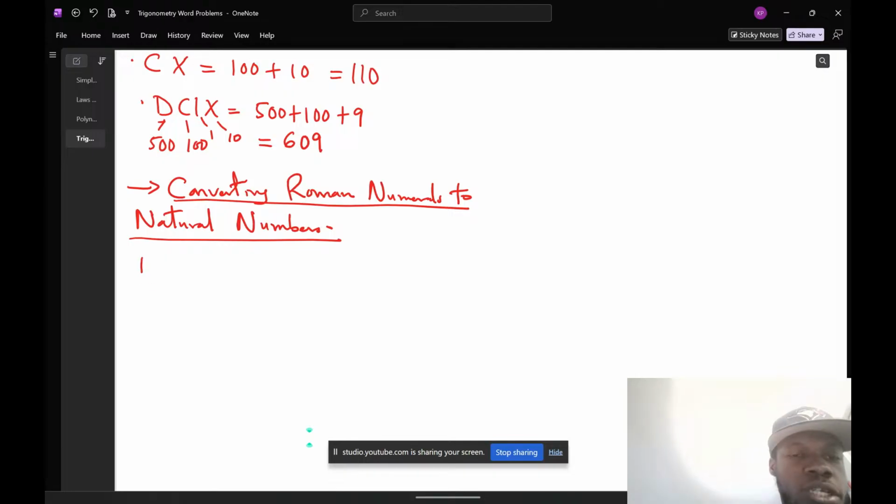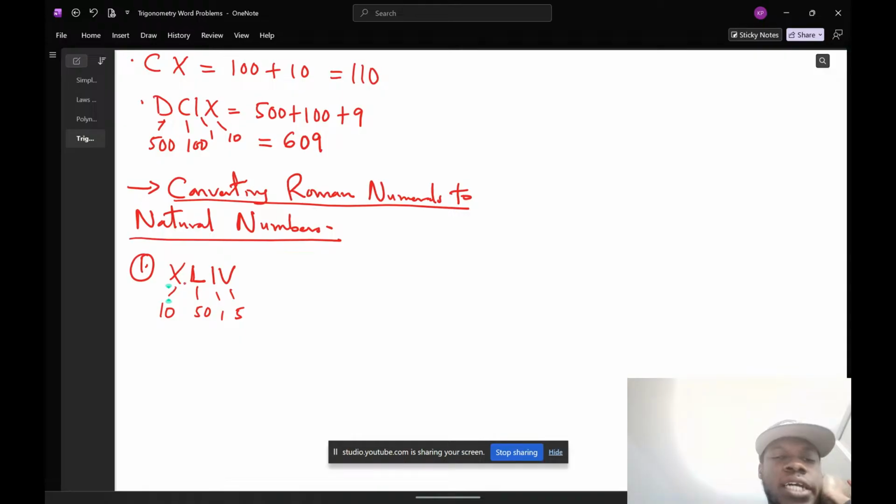The first one, let's say we have... no, I want to start with a smaller one. So we have XLIV. In this case, X is 10, L is 50, I is 1, V is 5, right?